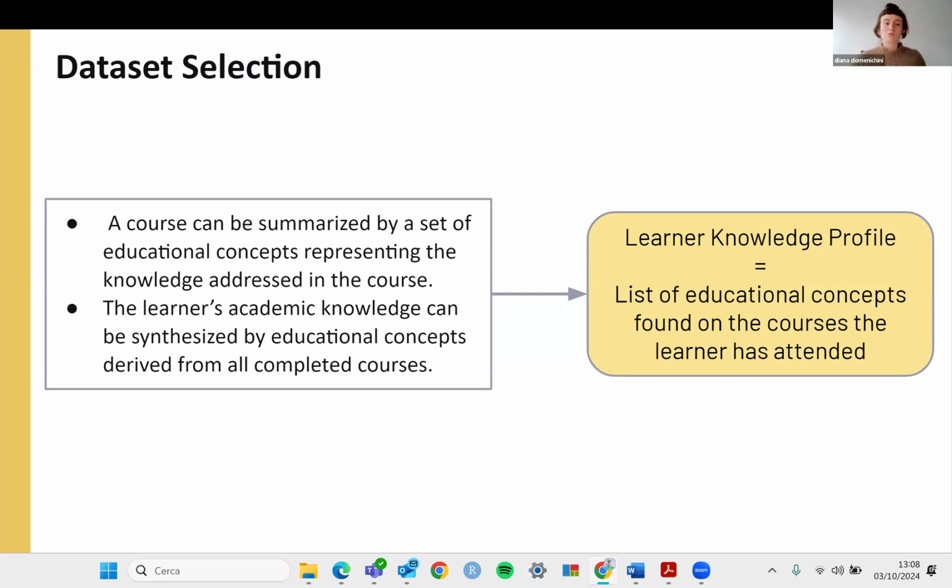The second assumption is that the learner's academic knowledge can be synthesized by the educational concepts that are derived from the courses he or she has completed. Therefore, the learner knowledge profile is a list of these educational concepts found in the courses he or she has attended. And these educational concepts can be skills and knowledge.